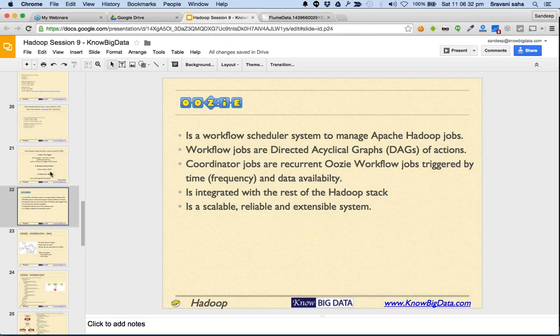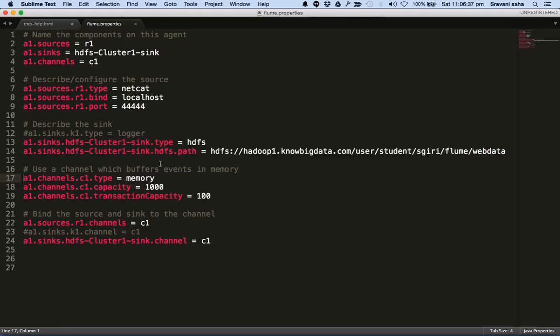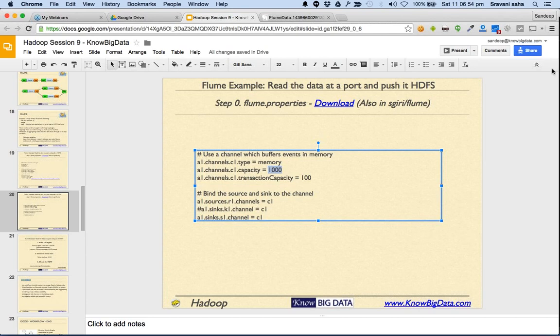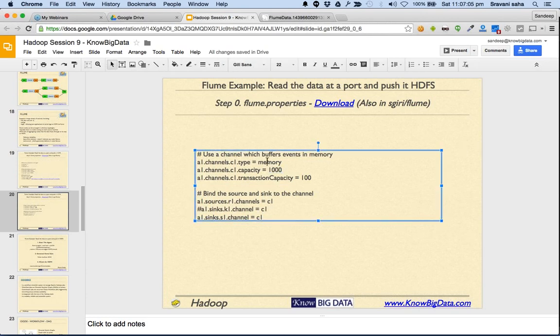Now, how are the channels implemented? Good question. Here, the channels we are talking about are in memory. There are many different kinds of channels. One is on the disk, another could be in some other format. Right now we are only talking about in memory.